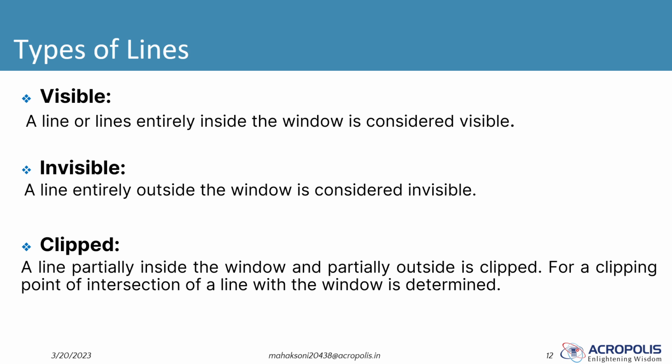Clipped means what? A line partially inside the window and partially outside is clipped. Okay, so for clipping, the point of intersection of the line with the window is determined. We need to determine the point of intersection of the line with the window so that we can clip the outside part of the line to get the visible portion.